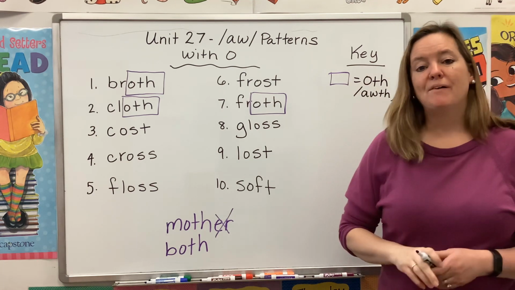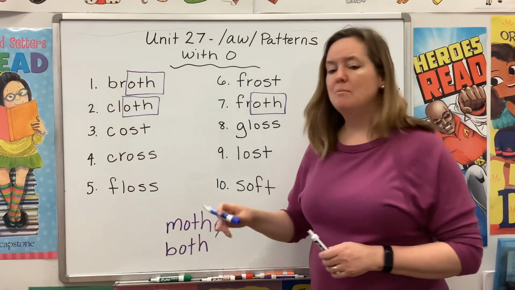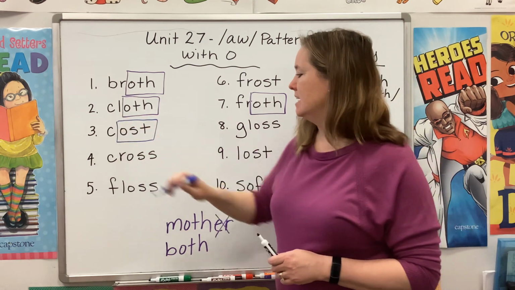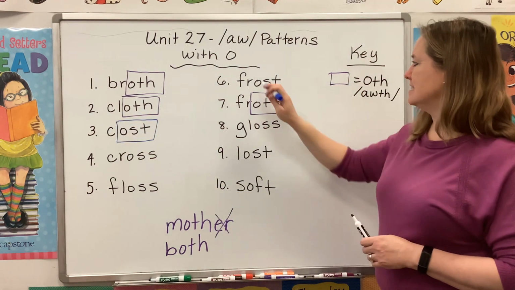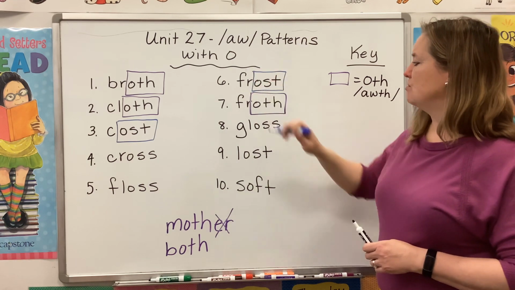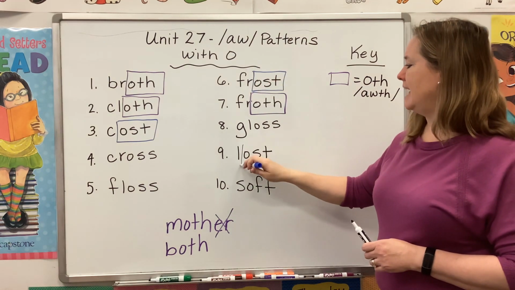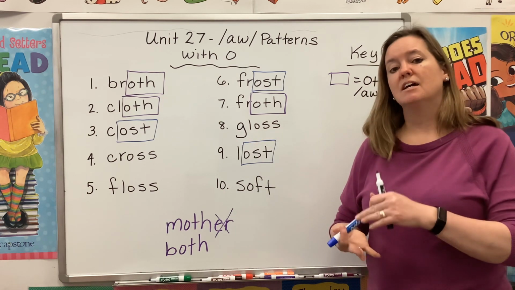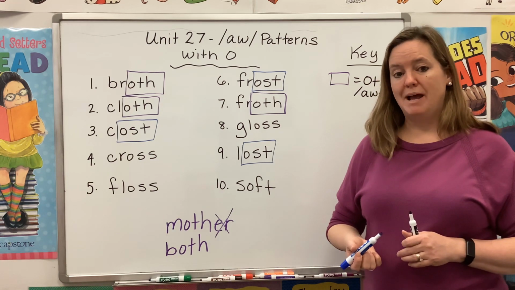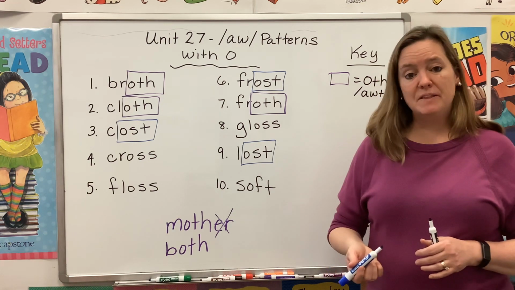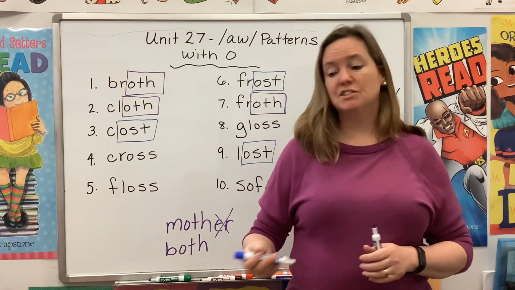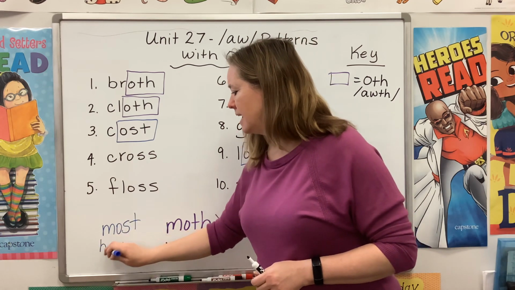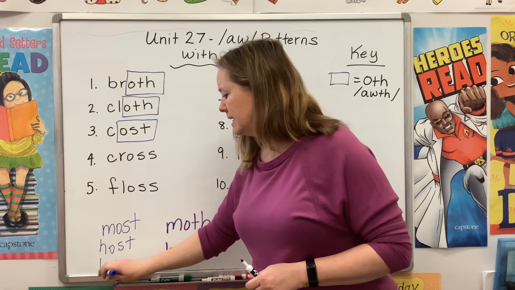All right, let's choose a second color. And this time we're going to draw a box around the OST in cost. And again, we see it in frost. And again, in lost. Cost, lost, frost, those words all rhyme. Now, we have to be careful with this pattern too, because a few weeks ago, we learned about words like most and host and post.